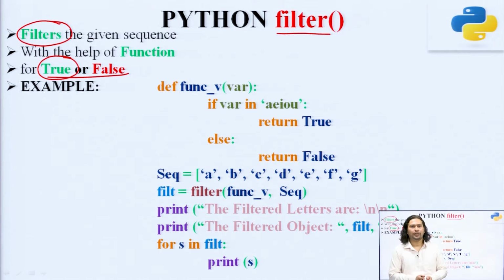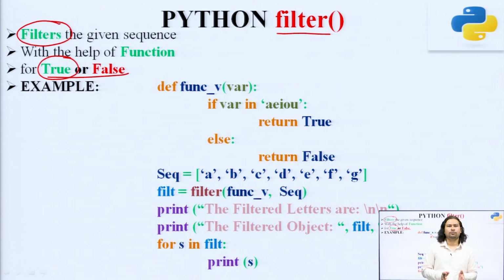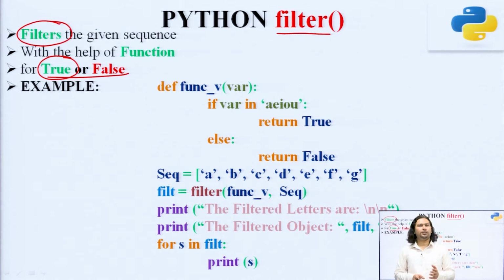Let us say you have 10 items and 4 of them are false. You can directly reject those 4 and keep the remaining 6. The same way the filter function performs: the information which is true is retained by the filter function.